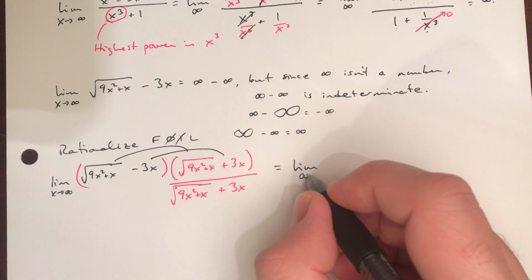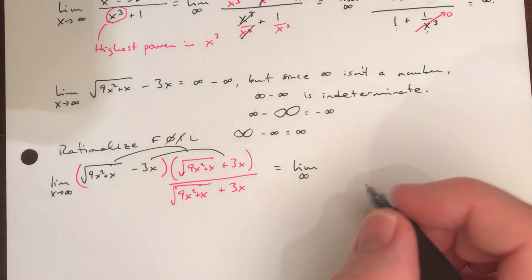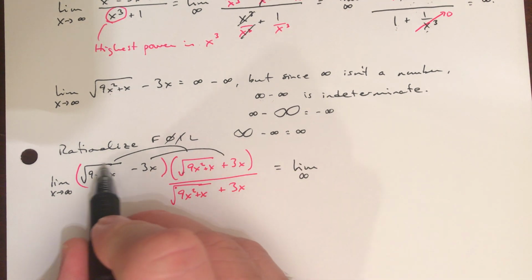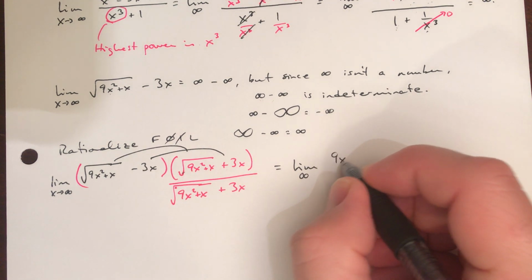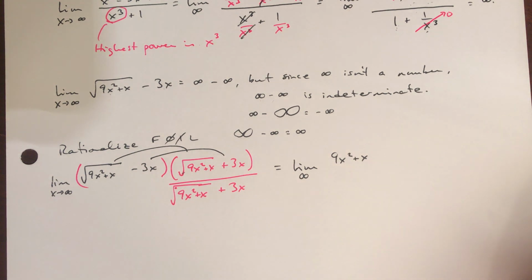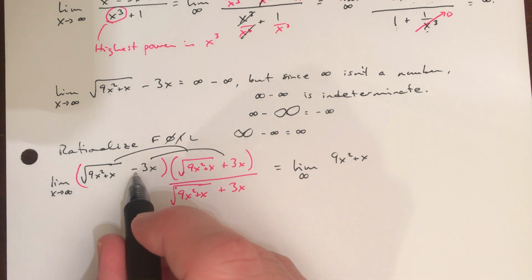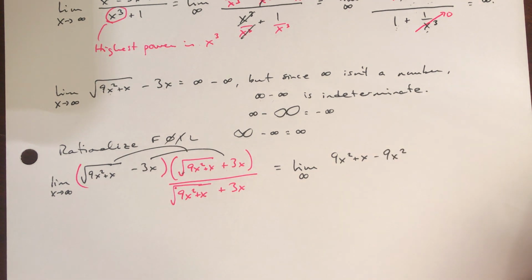Again, this is not a new trick. We've done this kind of thing in several cases before. And so now we're left with the limit of, if we multiply square root of 9x squared plus x by itself, we get 9x squared plus x. Multiply 3x times 3x, one of them is negative. We're going to get minus 9x squared.